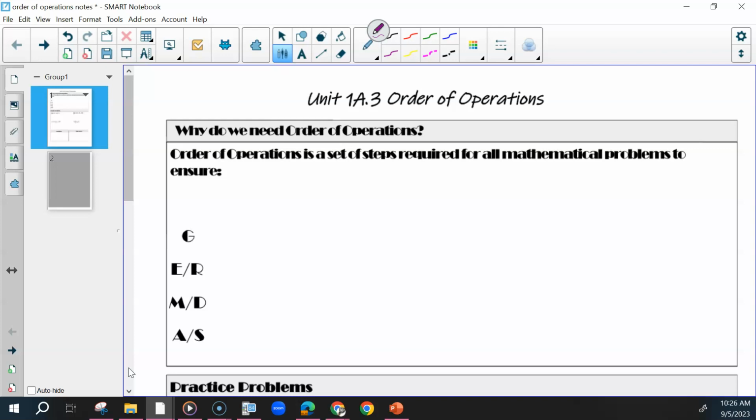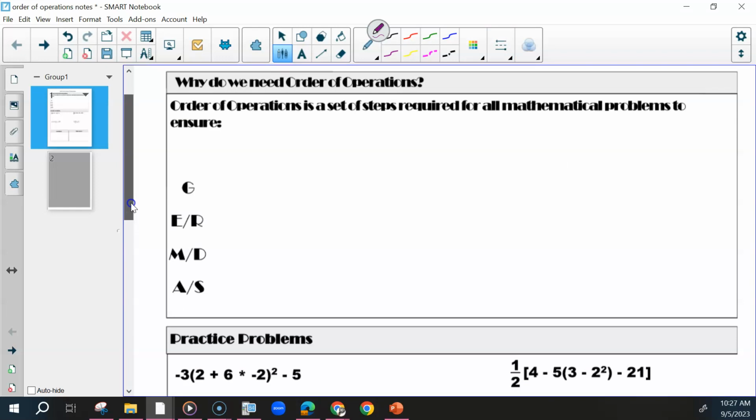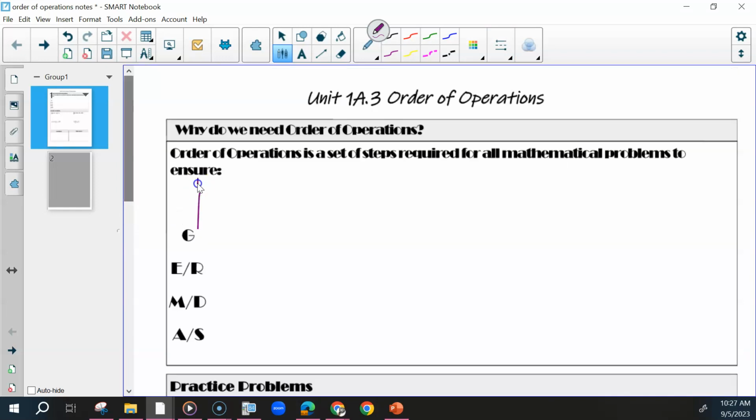Going to talk about order of operations just so we're all on the same page. Some of us learned it PEMDAS, some of us learned it GEMDAS, some of us learned GERMDAS, germs, gems, all of the different things. We all mean the same thing. So that we're all on the same page, I'm going to go through these. The first one is grouping.